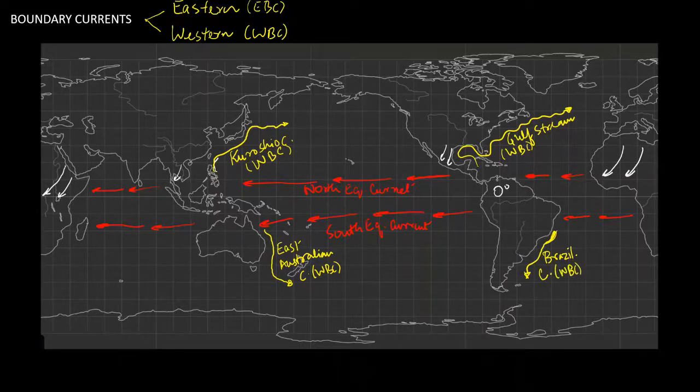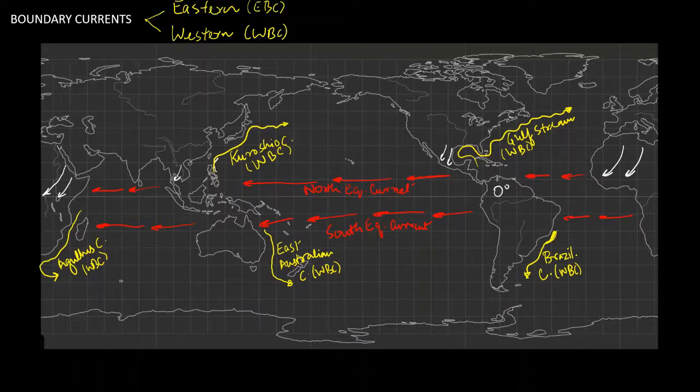Now we have a western boundary current in the Indian Ocean as well. This current which flows along the coast of Africa is known as the Agulhas current. Agulhas current is also a western boundary current.